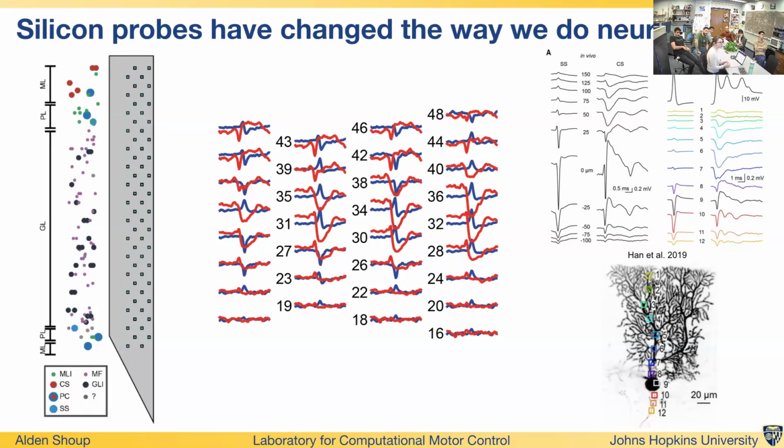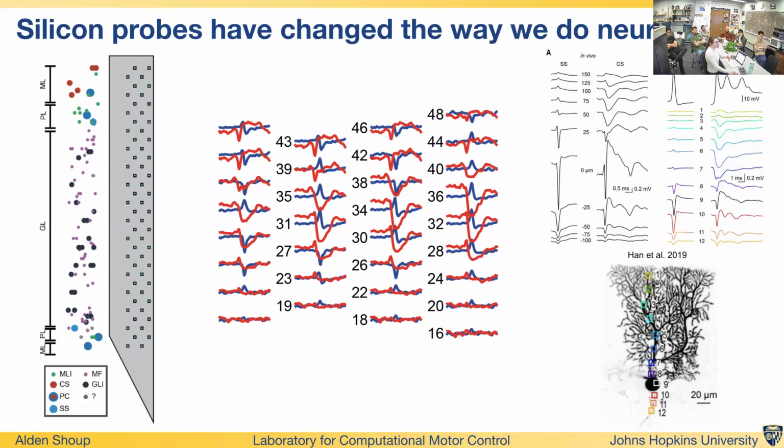So silicon probes have changed the way we do neuroscience. In our lab, we've adopted them from heptodes and tetrodes in order to get more cells per day and reduce our damage to the brain, as these probes are more flexible. In the cerebellum specifically, it gives us a picture of the cell that we wouldn't otherwise get, specifically in this case, Purkinje cells, which have a different spike shape depending on what part of the cell you're in.